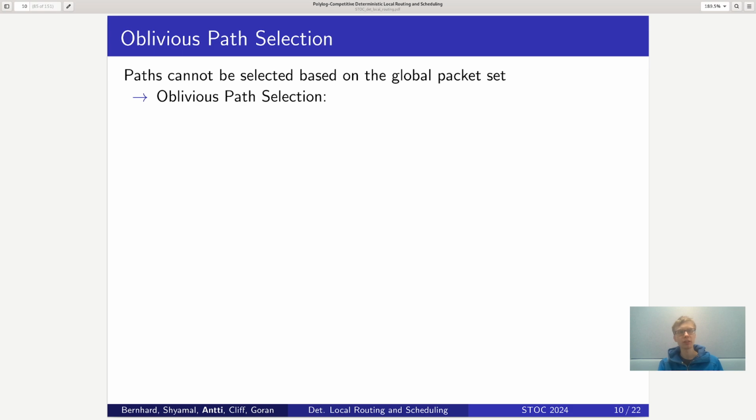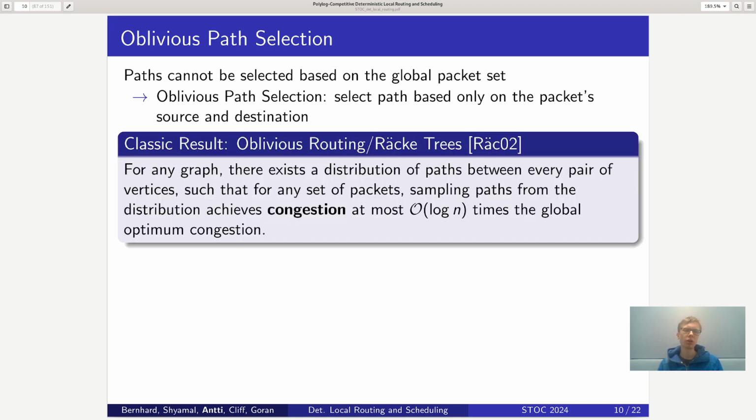In the random case. So oblivious path selection is just selecting the path for a packet based on its source and destination by sampling the path from a distribution. For congestion optimization, there is a classic result called oblivious routing, called log n competitive oblivious routing, that says that for any graph, there's a distribution of paths between every pair of vertices, such that if you sample the paths for your packets out of that distribution, the congestion of that set of paths is at most log n times the optimal congestion.